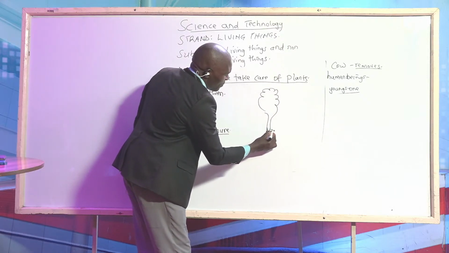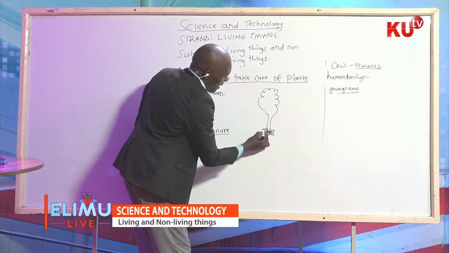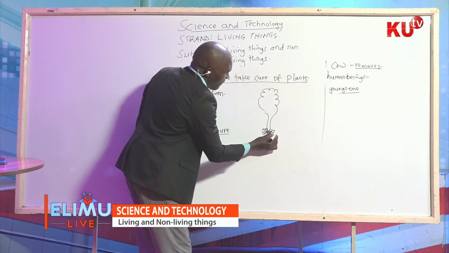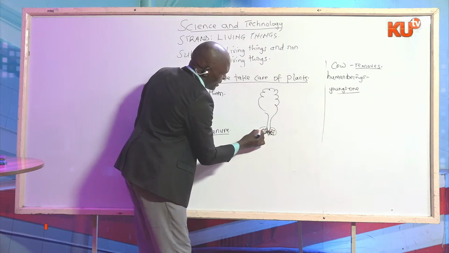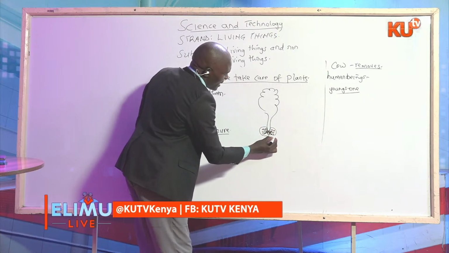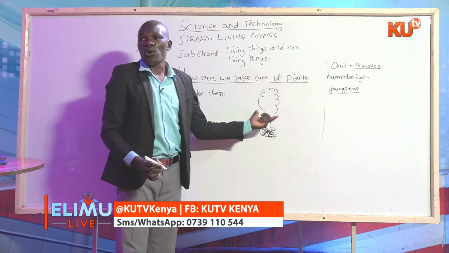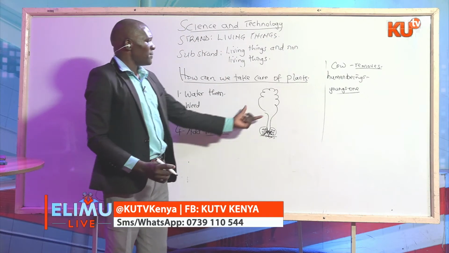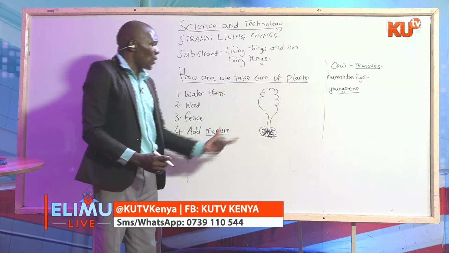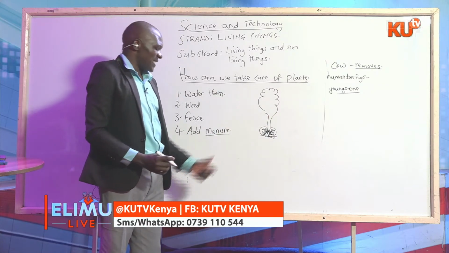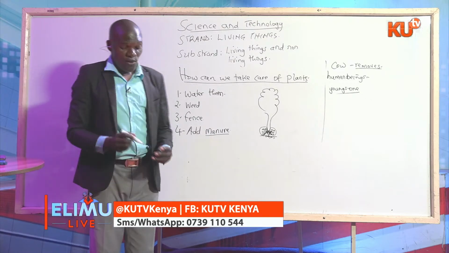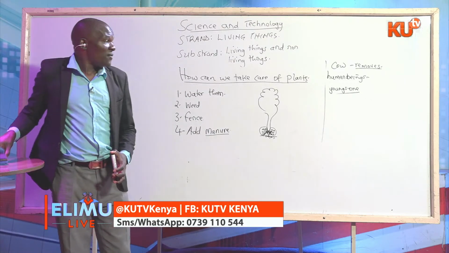You can put there your manure very well, and then you cover it with a light soil. This one, it will help this plant to grow healthy. It will help this plant to grow without any difficulties.